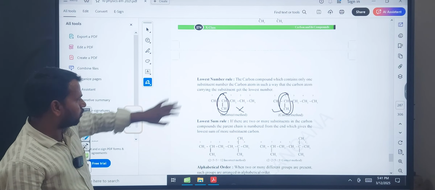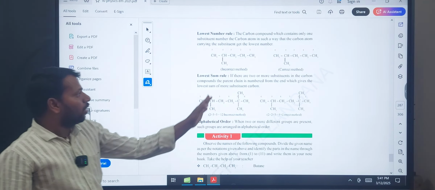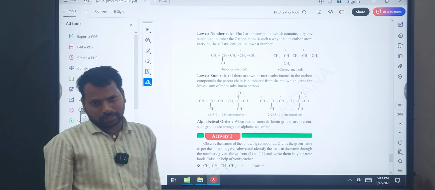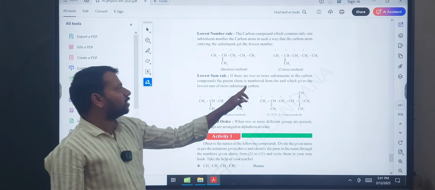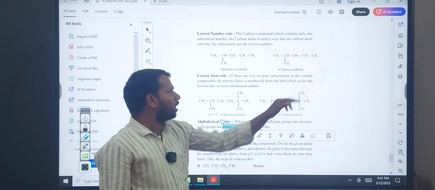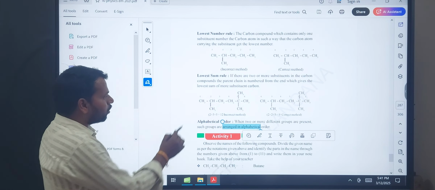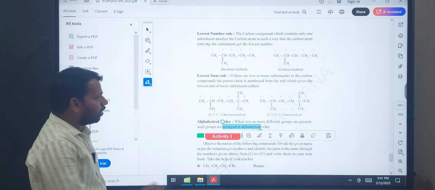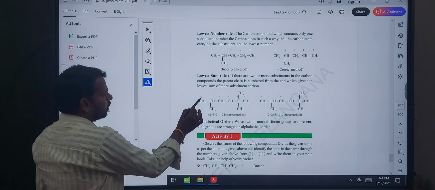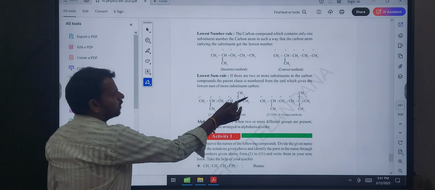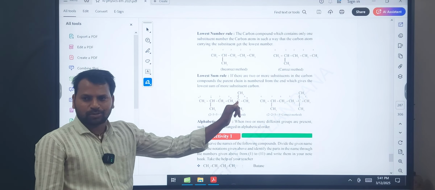Next. Lowest sum rule. If two or more substituents are present in the carbon compound, the parent chain is numbered from the end which gives the lowest sum of substituent carbons. Suppose here more than 2 substituents are present. If we number from this side, 1, 2, 3, 4, 5, 6, at second position a substituent is present, and at fifth position substituents are present.